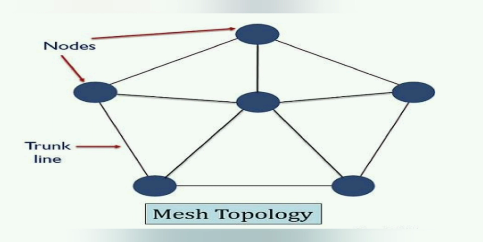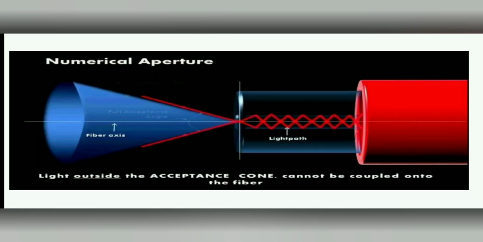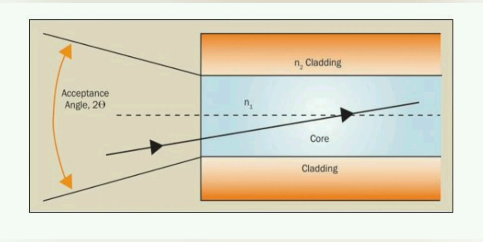Categories of optical networks. The categories of optical networks are based on the area that connects the users of the networks. These are classified as local area network, shortly we can say LAN.